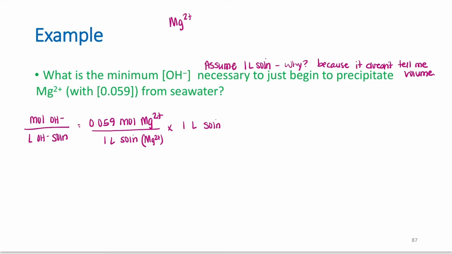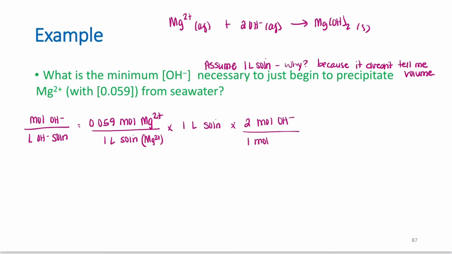I also know that 1 mole of magnesium ions reacts with 2 moles of hydroxide ions to form magnesium hydroxide. So I know I need 2 moles of hydroxide ions to every 1 mole of magnesium ions. So this cancels out, this cancels out this. Now I've got moles of hydroxide, and I need concentration. So 1 liter, why not?